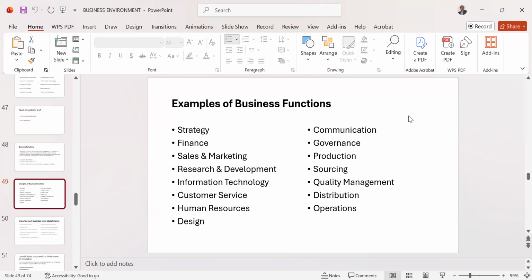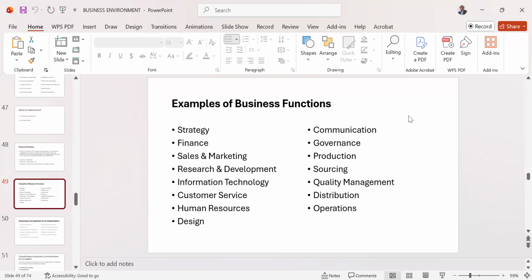Customer service. This is very key because if you don't have good customer service, your customers will run away. So it's a very important aspect of business functions.